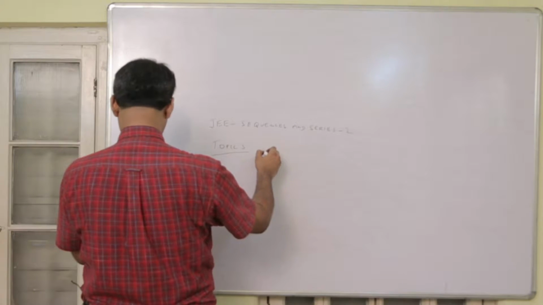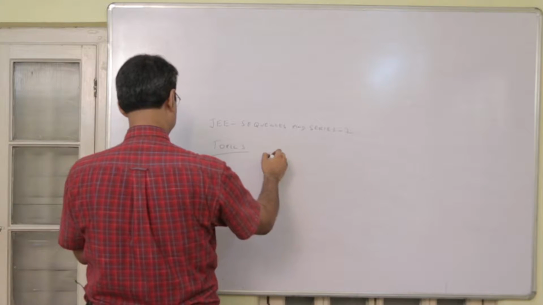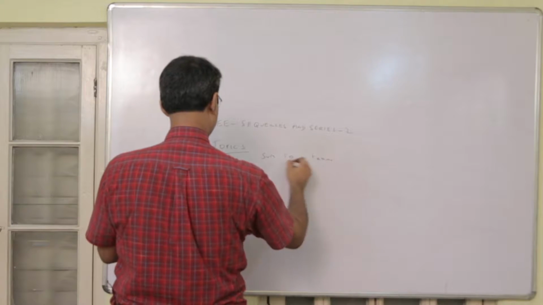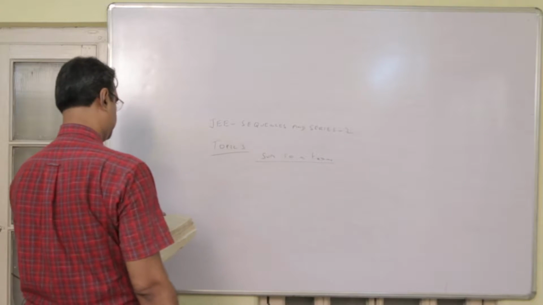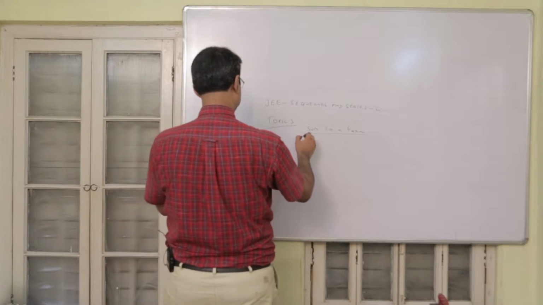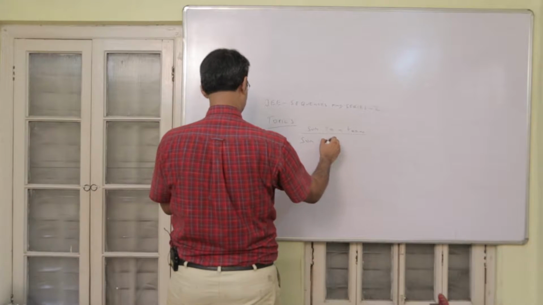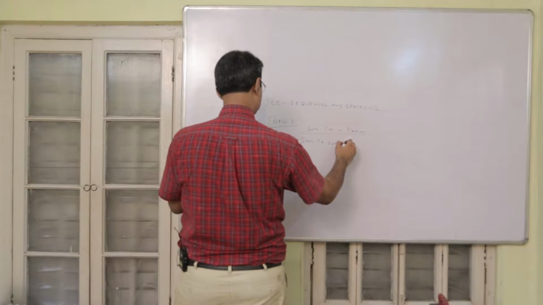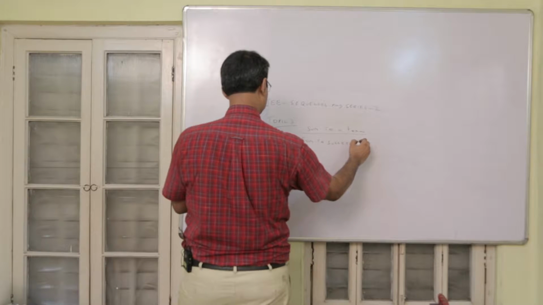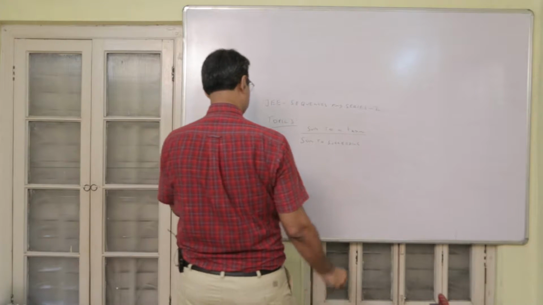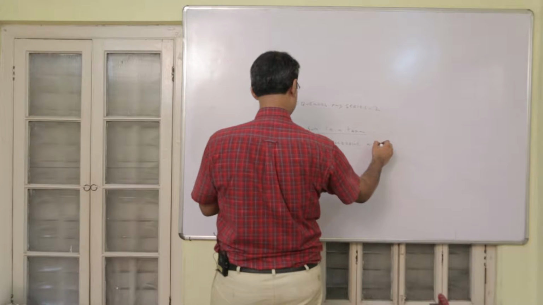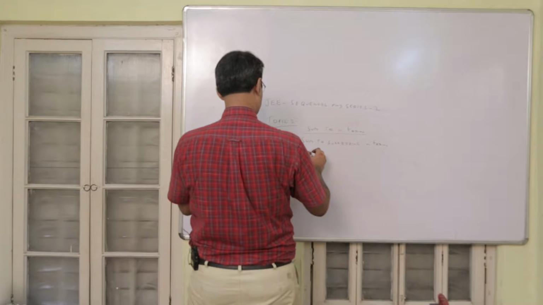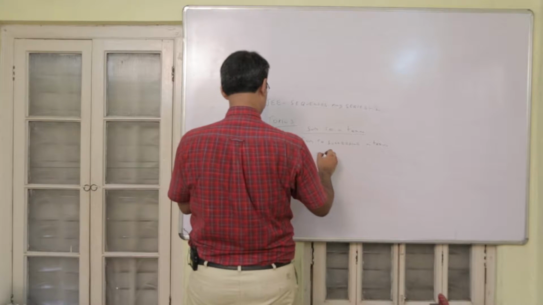Suppose there is an arithmetic progression in which the ratio of the sum to n terms divided by the sum to succeeding n terms is independent of n.